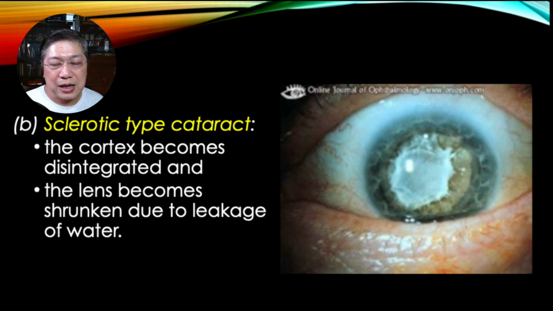The front capsule and the back capsule were already touching and fused together. So the white plaque that you see in the middle is actually the anterior capsule fusing with the posterior capsule. The brown at the edge of that white is the nucleus being pushed to the sides. It's now donut shape instead of looking like a bean.